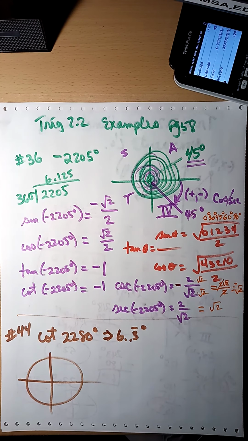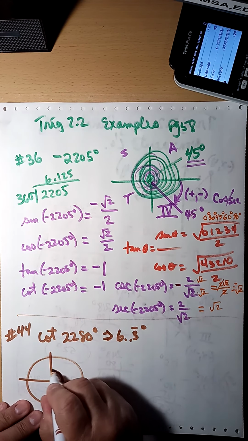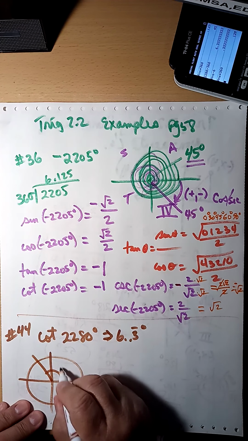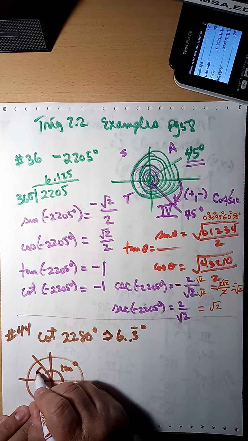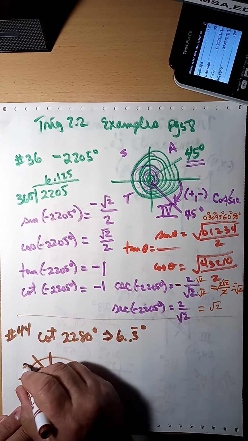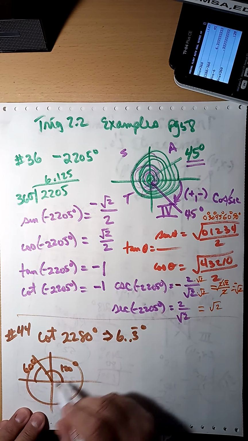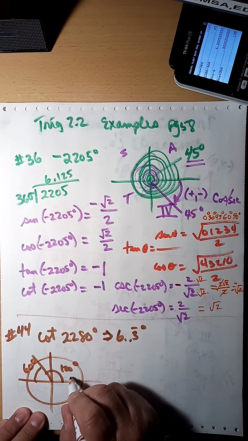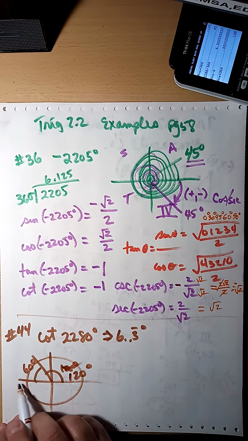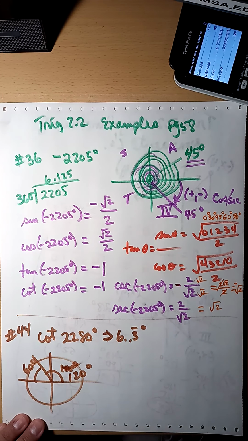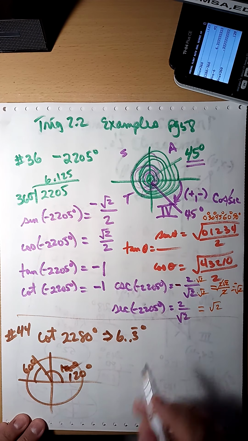Okay, that's important. 120 is in quadrant 2. That is not the reference angle. The reference angle is 60, because that's what it takes for this 120 degrees to get to this 180. So the reference angle is 60.